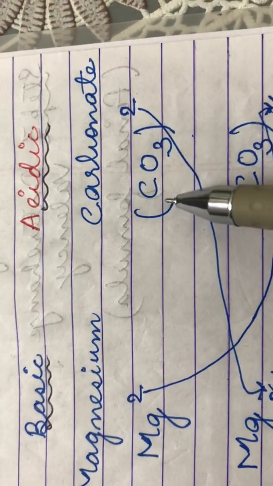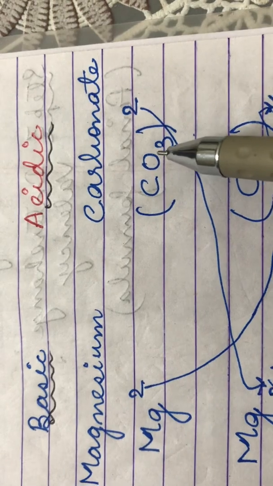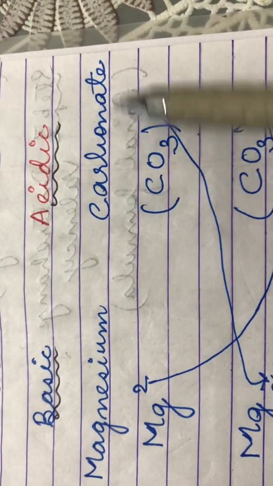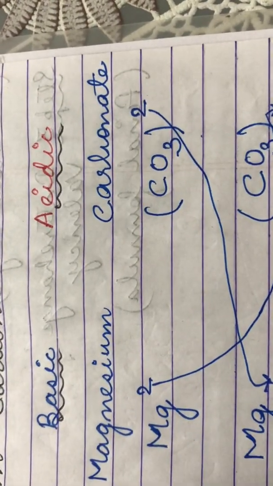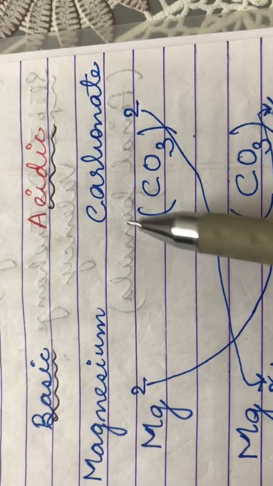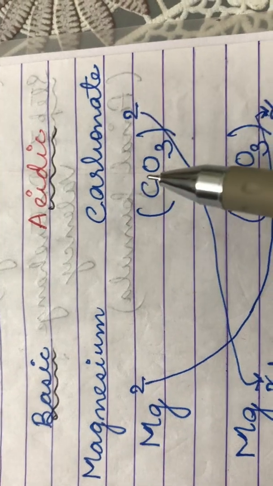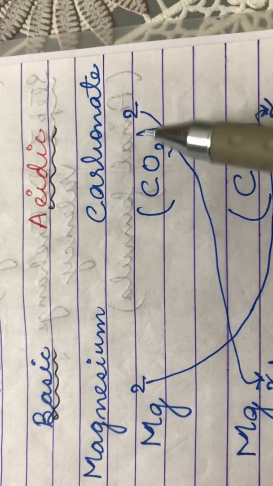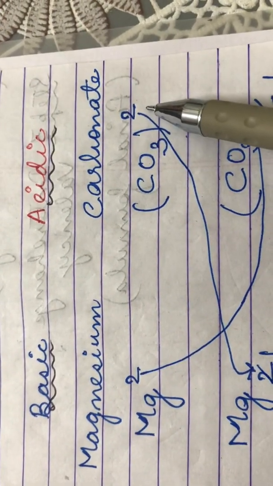C and O are 2 different atoms, and these actually form the radical carbonate. So we put it in a bracket to make sure that we do not make any changes to the formula of the radical. The valency of the entire radical is 2, so we put 2 in the superscript.